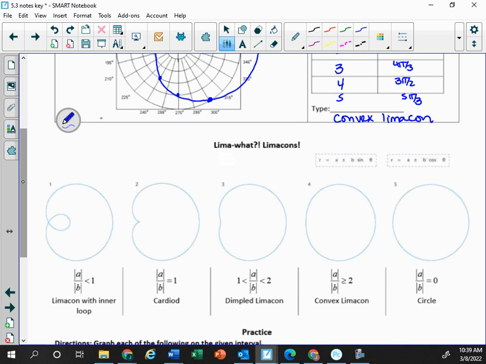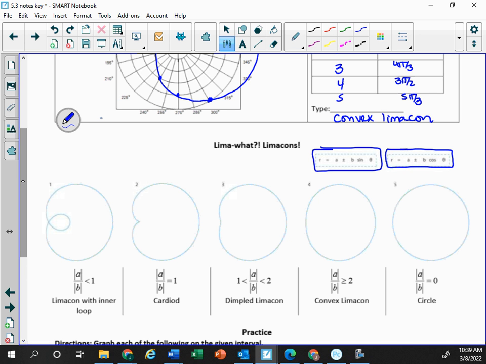It's really small, the equations here. It's r equals a plus or minus b, and then either sine of theta or cosine of theta, depending if it's on the x or y axis. And so you're just looking at that ratio. If that ratio is less than 1, like it was in our first graph, we had 1/3 there, that's an inner loop. If it's equal to 1, it's a cardioid.